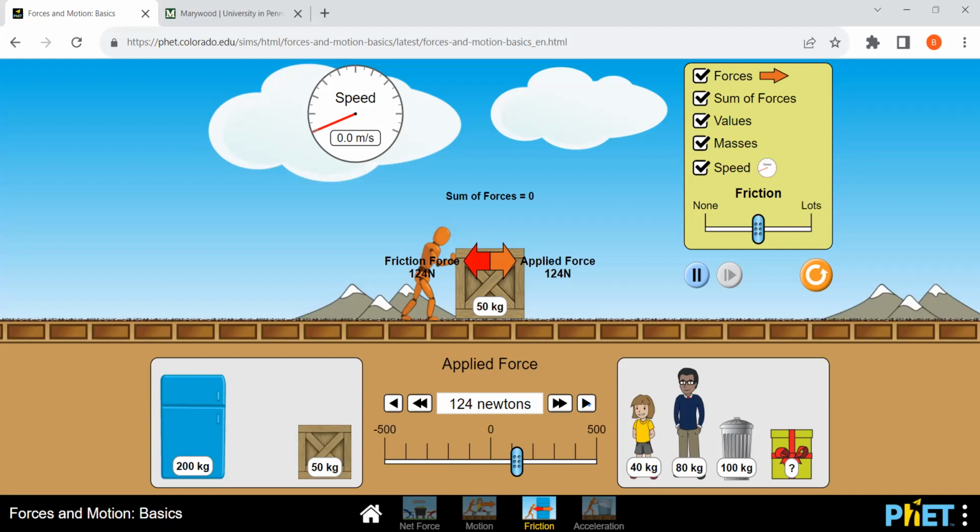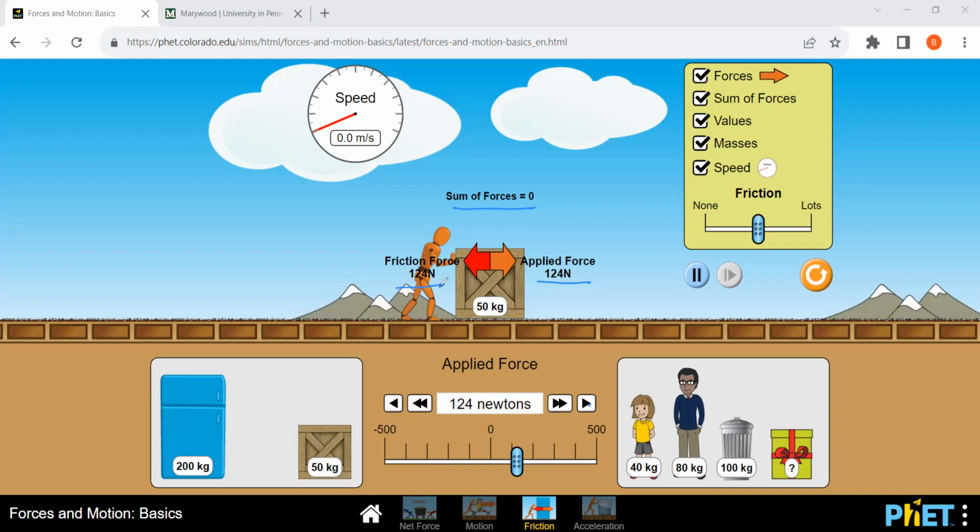That means the sum of the forces is equal to 0. Applied force is 124 Newton, friction force is also 124 Newton. But as I told you, it has some maximum limit. Once we reach the maximum limit, it will start moving.